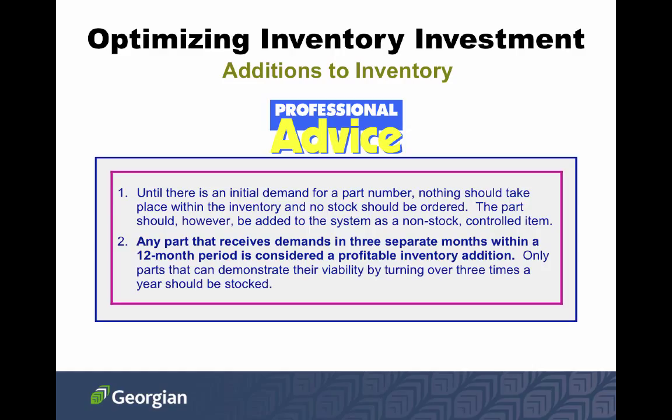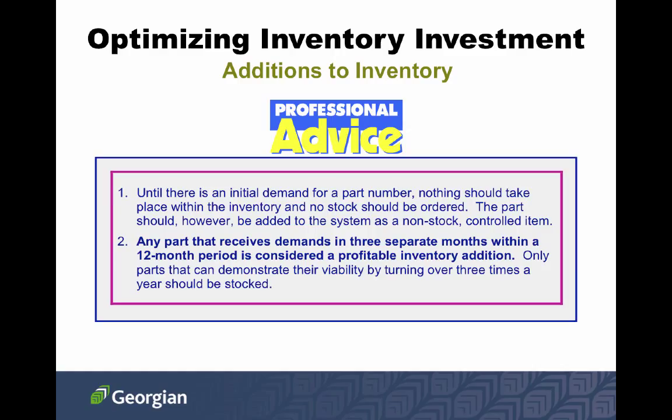They're not cast in cement, these kind of standards. Many dealers operate effectively and profitably with much tighter criteria. But that's minimum, and this is time-honored kind of criteria. Only a part that can demonstrate its viability by turning over 3 times a year should be stocked.